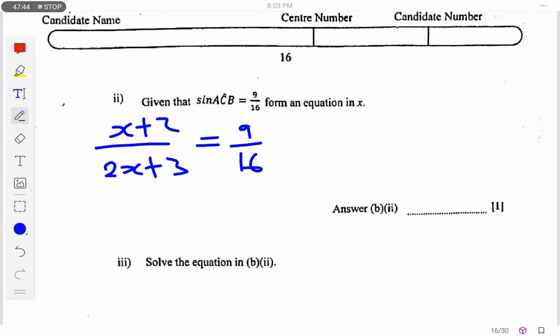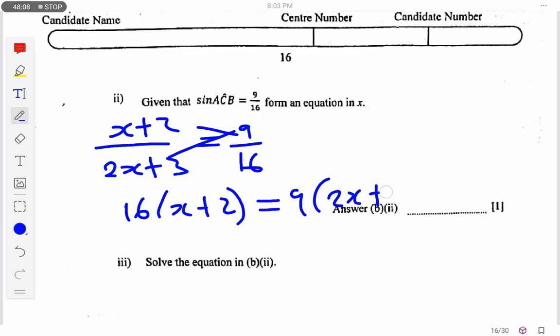So this is the equation in terms of x there that we can form. If you want, you can simplify it and say, you cross multiply, and you say 16(x plus 2) is equal to 9(2x plus 3). Okay, that's an equation there.